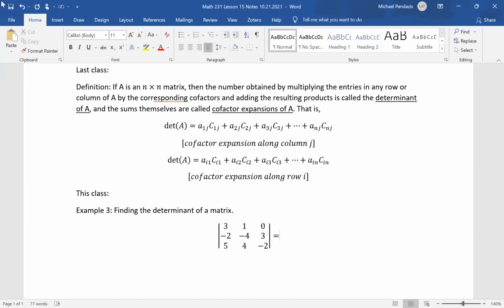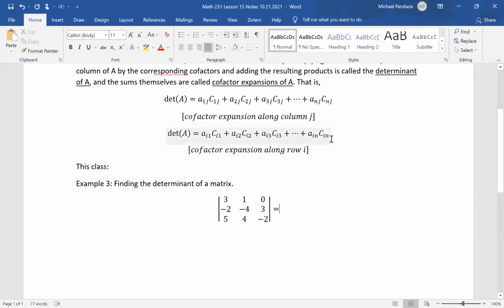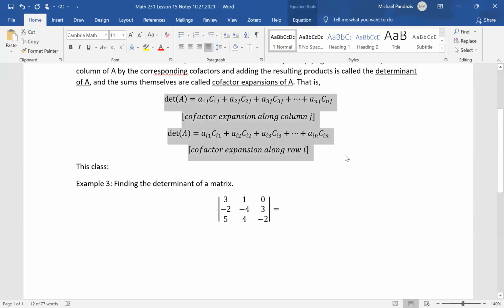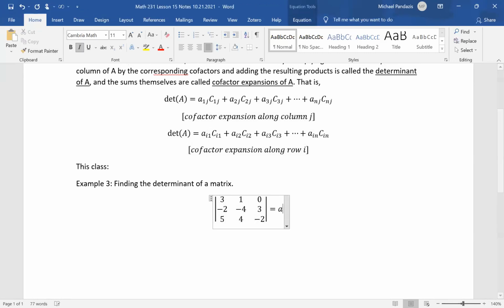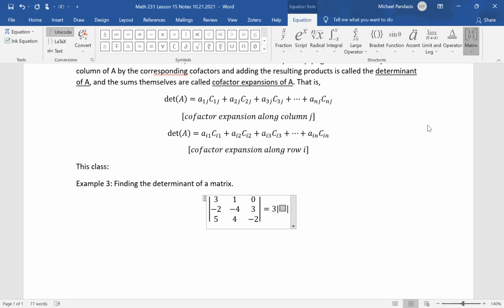In order to find this determinant, you have this formula here for rows and columns, and technically you would be applying this formula. But it's much easier to do the calculation without thinking about the formula. For each element of the row, for instance this entry 3, you're going to have a 3 times the corresponding determinant of a 2 by 2 matrix.